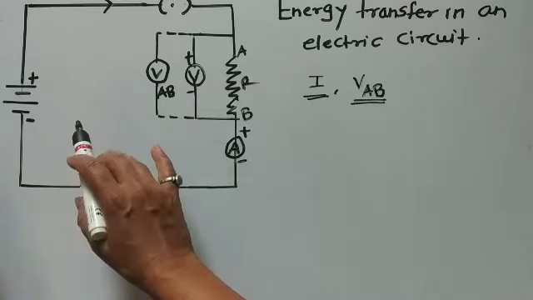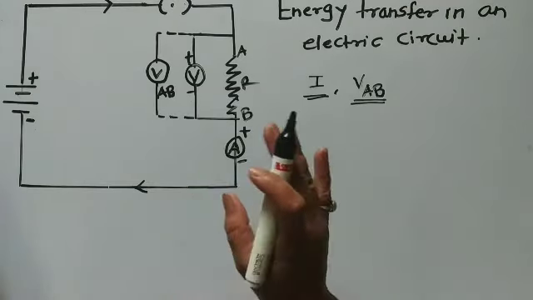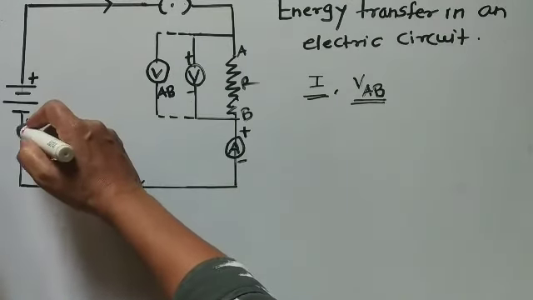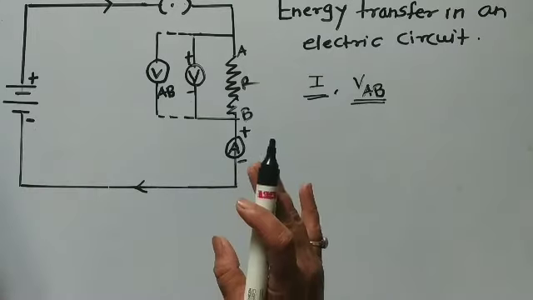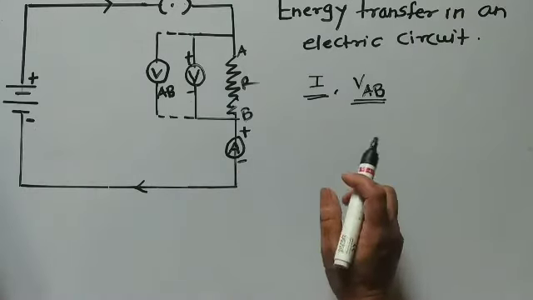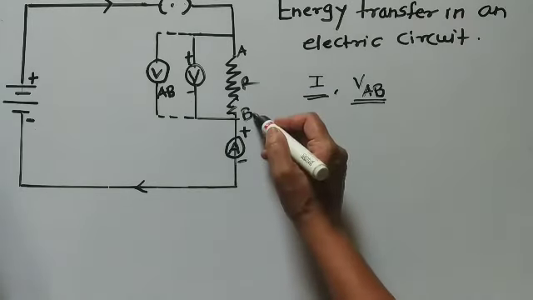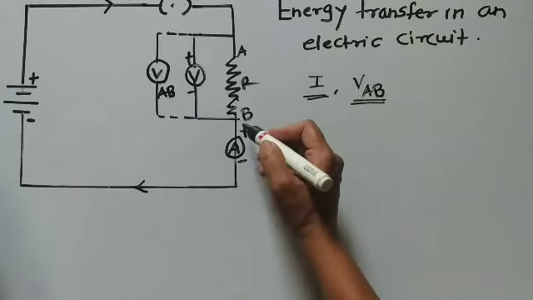Now, what do we mean by potential difference? The difference in potential between the positive and the negative terminal of the cell is the potential difference of that cell. The amount of work done to carry a unit positive charge from point A to point B is called the electric potential difference between these two points.